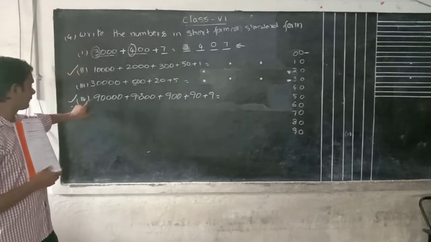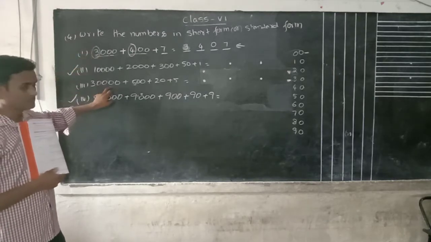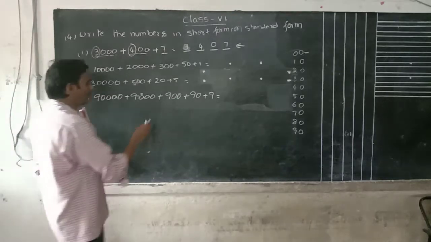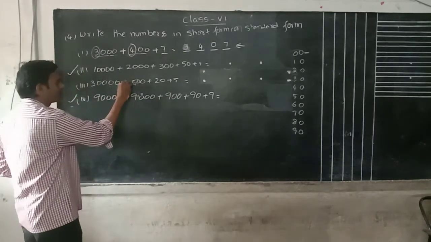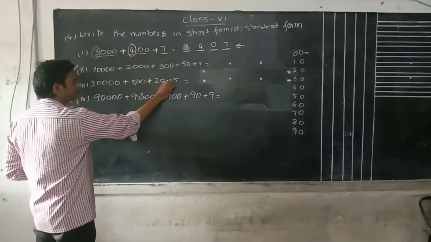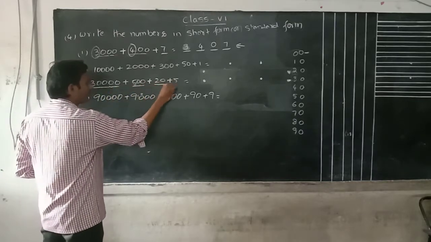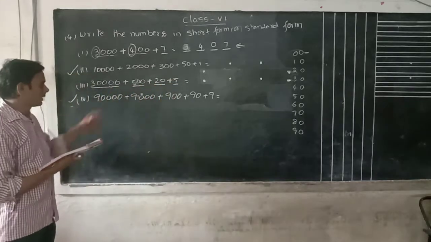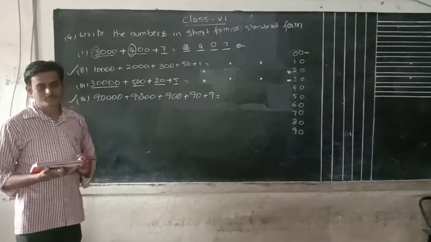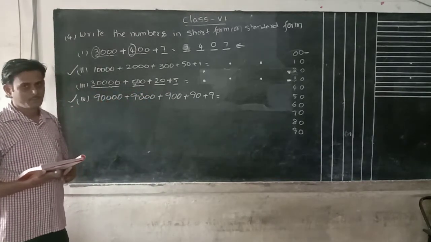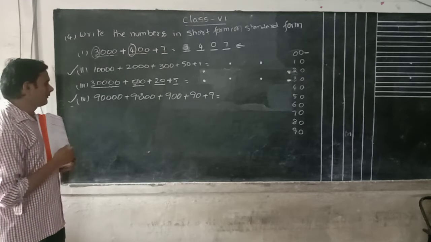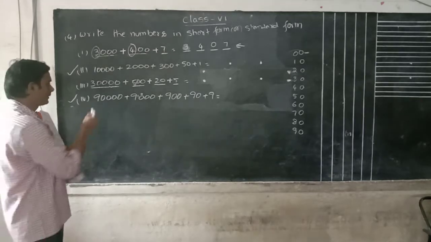For the second one, the fourth one, do your one. I will explain this one also. Once again, carefully listen. Here, how many numbers we are adding? 1, 2, 3, 4. 4 numbers we are adding. Next, which is having more digits?